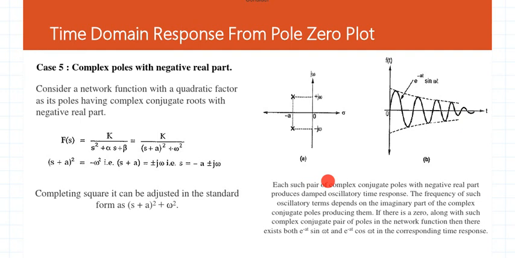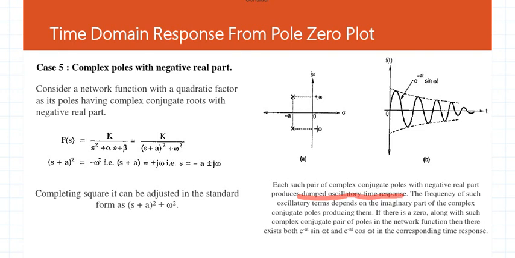Commenting, each such pair of complex conjugate poles with negative real part produces a damped oscillatory time response. So what do we call this output? We call this output a damped oscillatory time response, because it is in the stable region of the system, and the stable region produces a signal having finite magnitude.